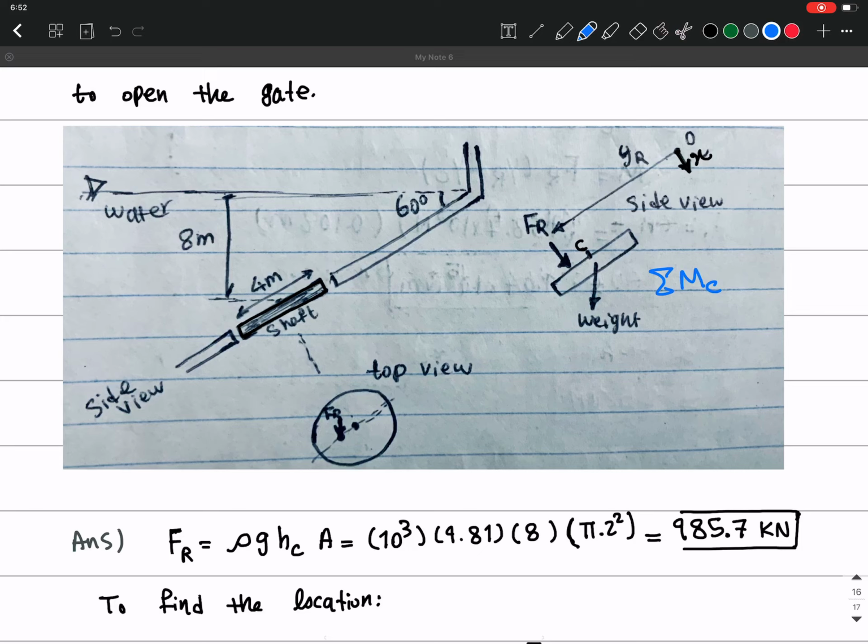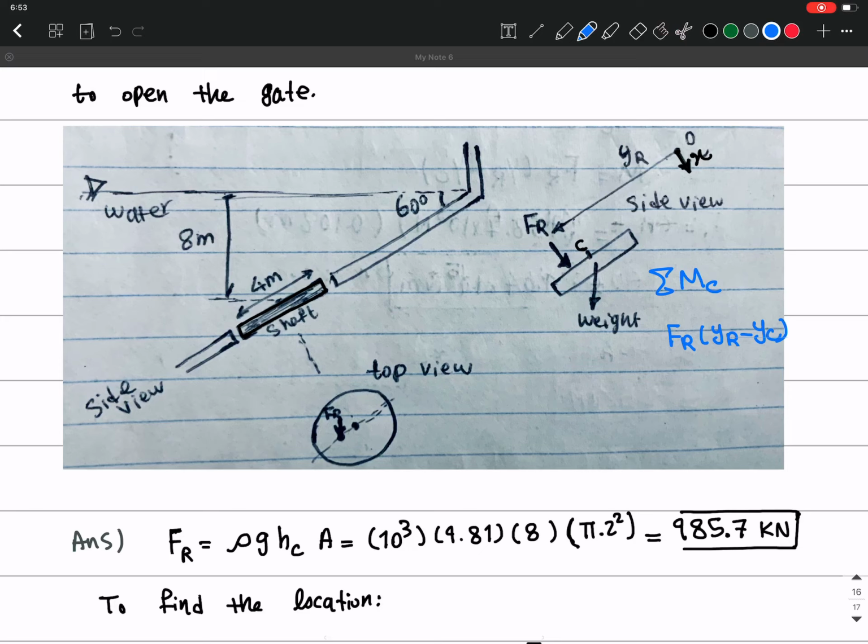So we have FR, which is going to give us this moment around here, right? The moment is going to be FR times YR minus YC, right? This is going to be the moment around the center.